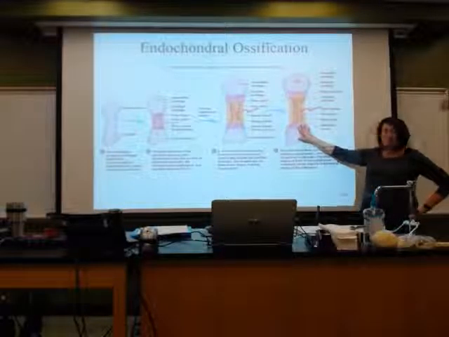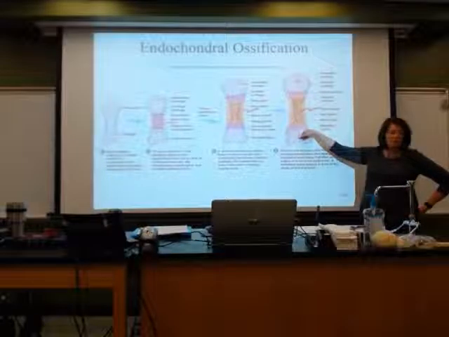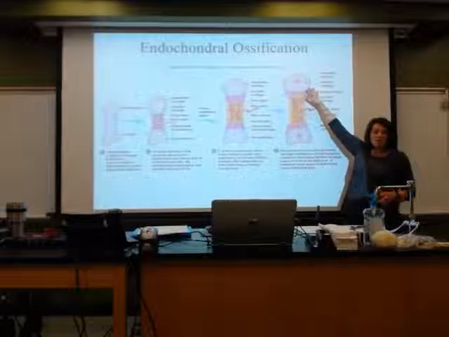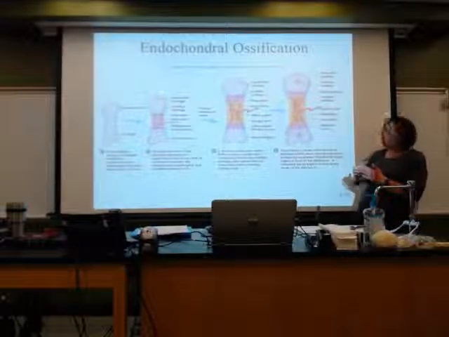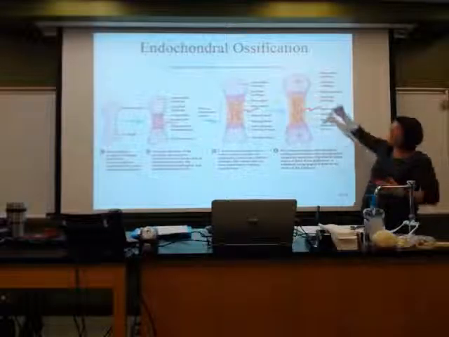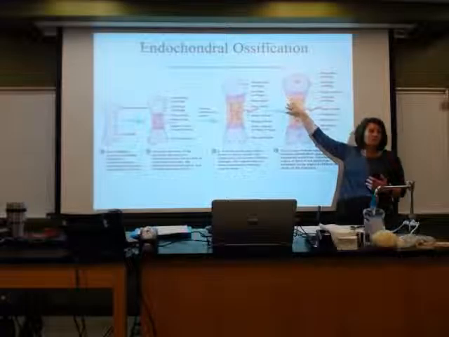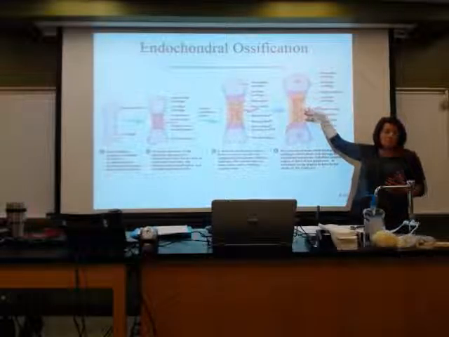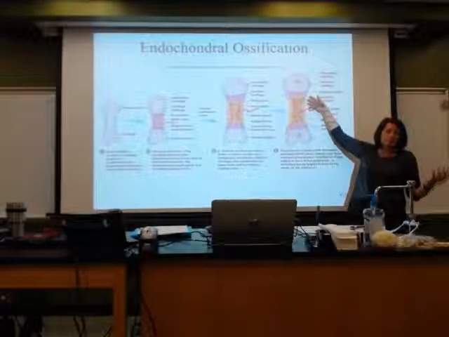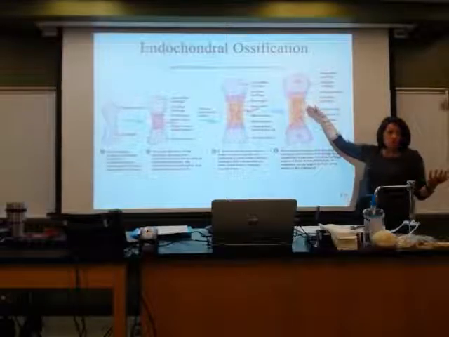We're continuing to push out in both directions the cartilage region so that the bone can grow longer. We see more blood vessels invading because blood vessels are carrying materials to the bone cells.